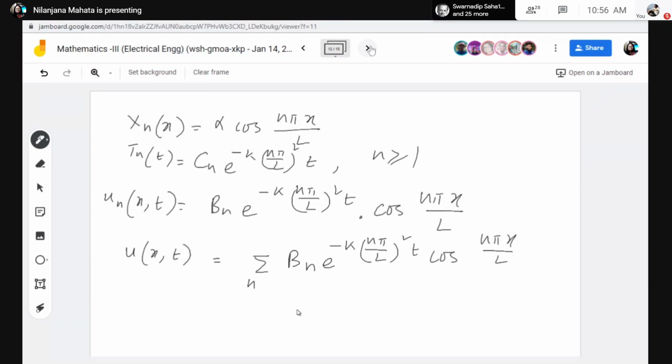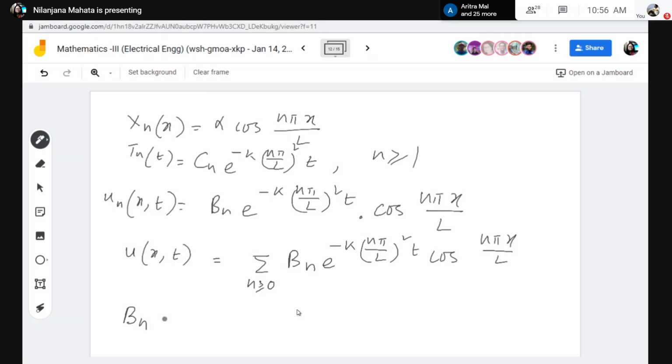So I will take my limit as n equal to 0 to infinity. I am taking all the values, that means I am taking n equal to 0, the constant term also.